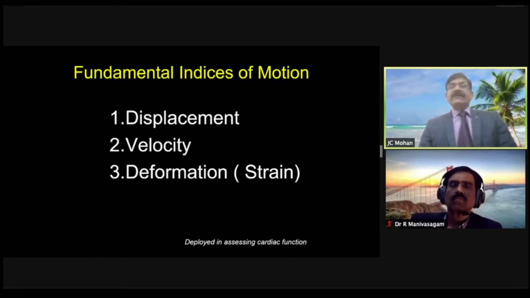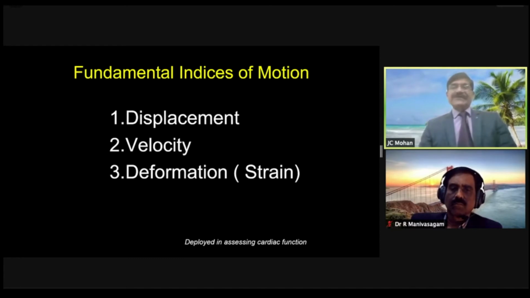But the fundamental indices of motion are displacement and velocity, which can be active or passive. And the third important index of motion is deformation, which is an index of active motion.